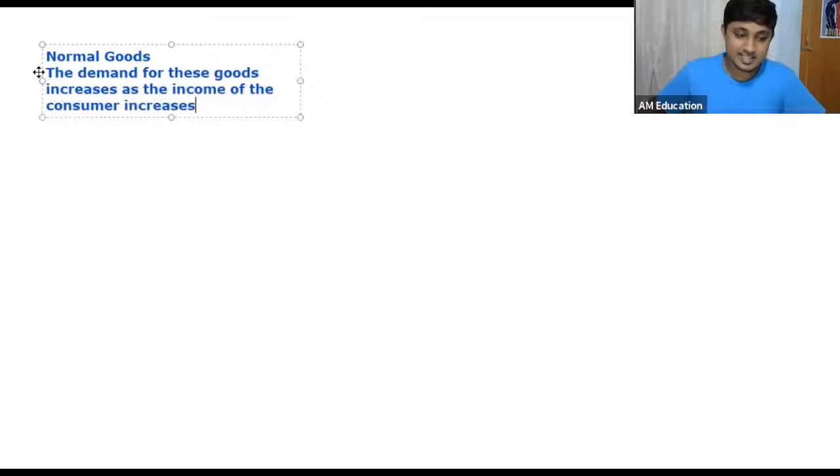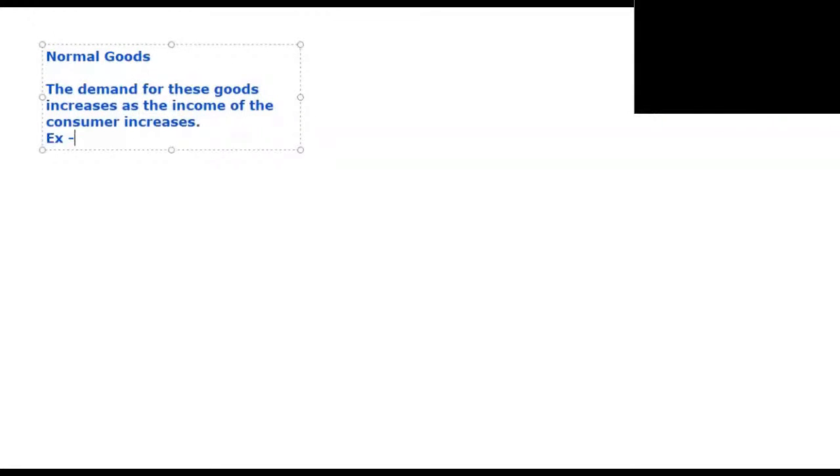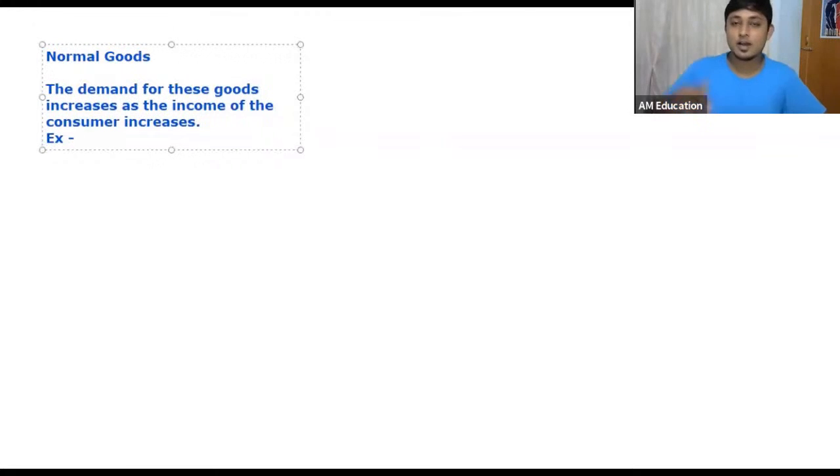Example, clothes. We'll buy more clothes when we have more money. Will you buy less and less clothes as you get more and more money? No. We want so many clothes, no? Clothes, shoes, so we want more and more.